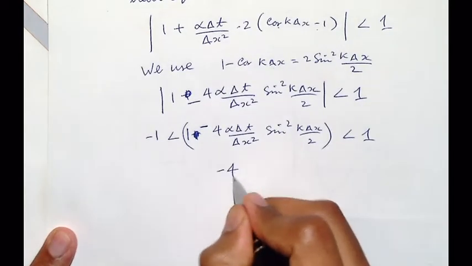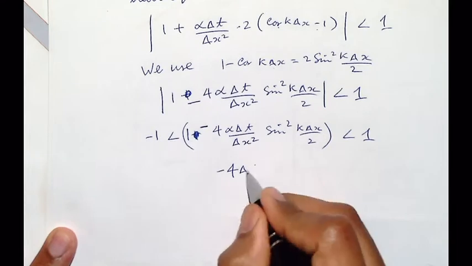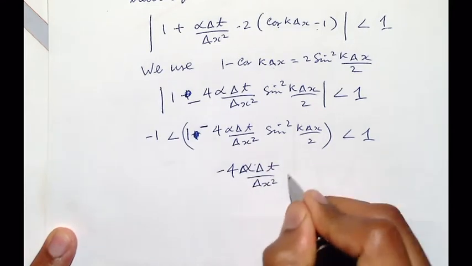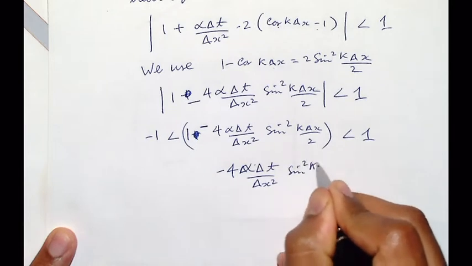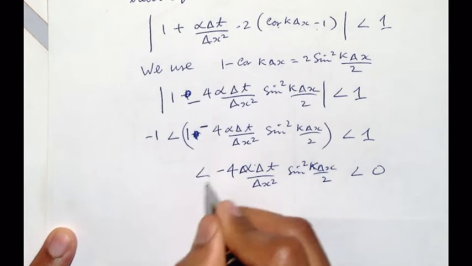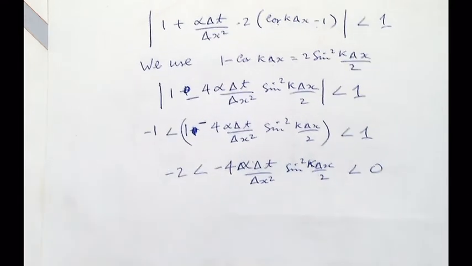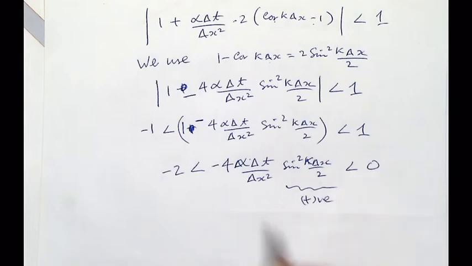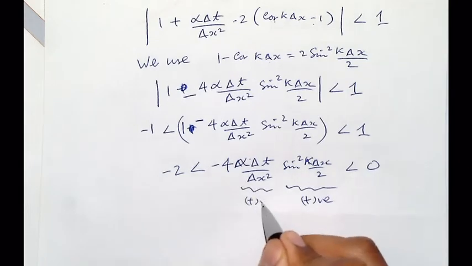I'm just doing mindless algebra, so there's nothing fancy happening here. K delta x over 2 is less than 0 and greater than minus 2. Okay? So we know this cannot be negative, this must be positive, this must be positive.